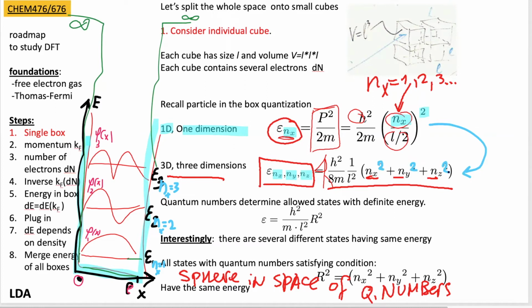So energies will have three indices, and depending on the values of these indices, we know the energy of the state.